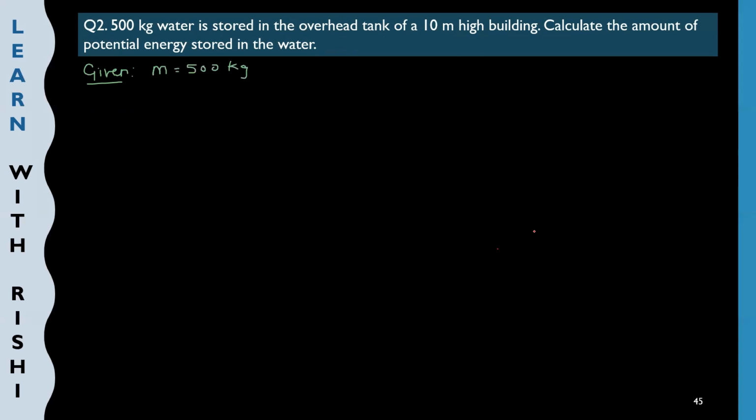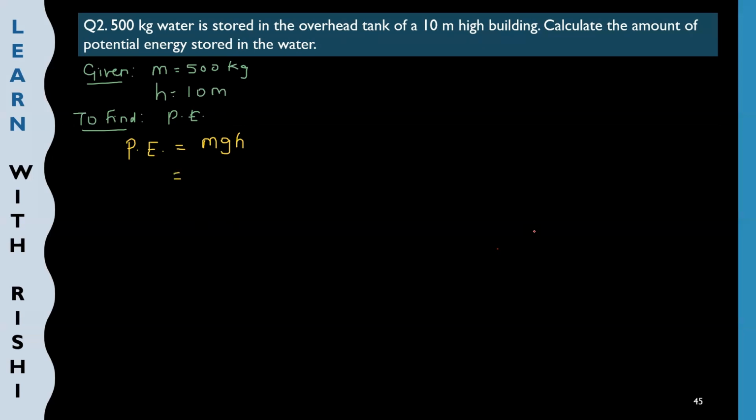Now this is in SI unit, kilogram, and height is given as 10 meter. And we have to find potential energy of the water. So our formula is potential energy is nothing but equal to mgh, right?